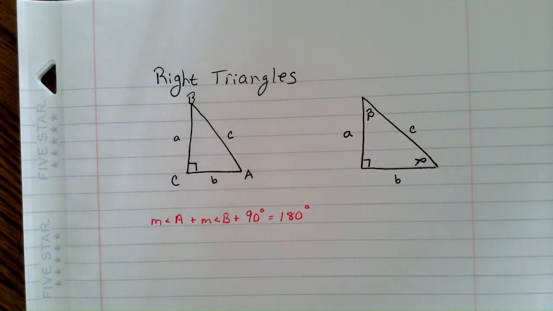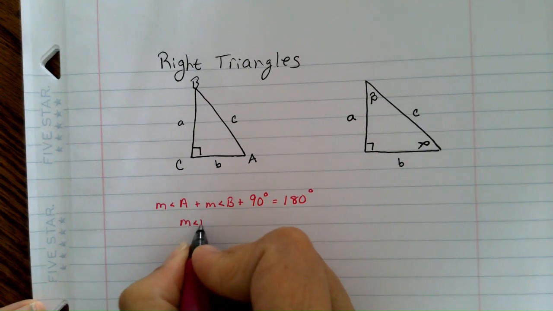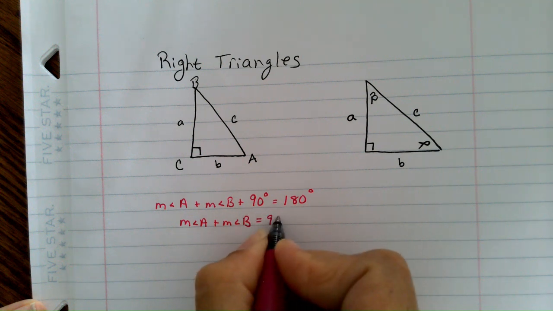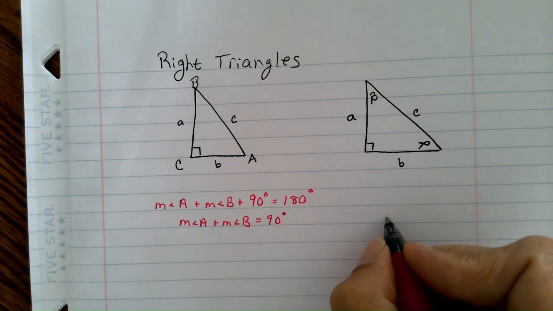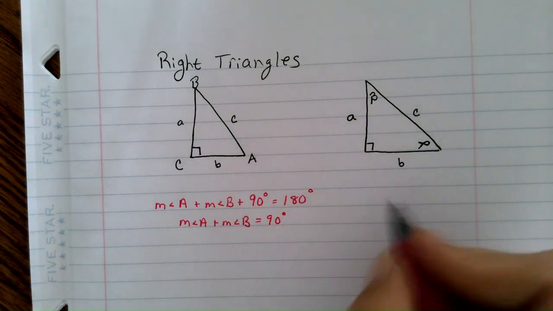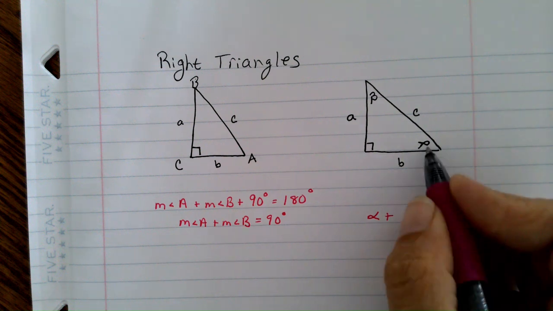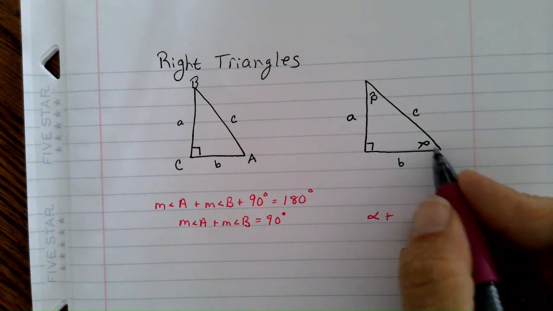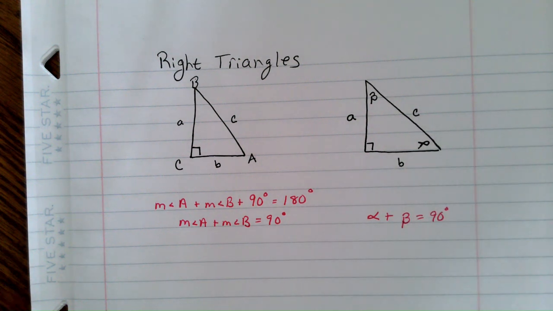If I subtract that 90 over to the other side, then the two acute angles are left to share the remaining 90 degrees. I could do something similar for the other one, but I'm just going to say, instead of angle A, that's where I have alpha. Normally I write alpha like that. I'm not sure why I wrote alpha backwards that time. Alpha plus beta is 90 degrees.